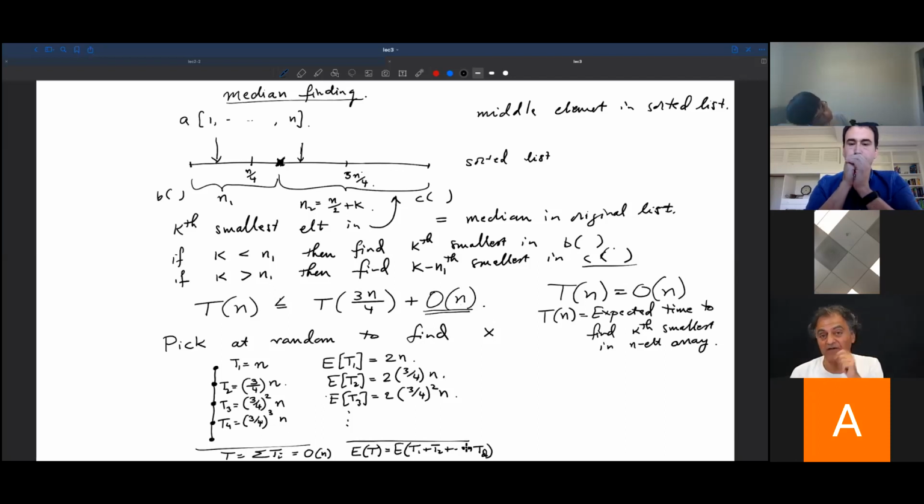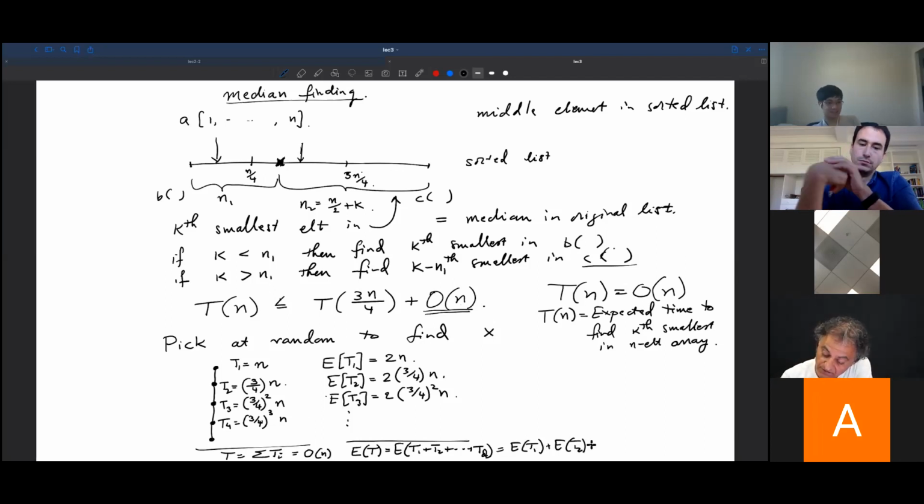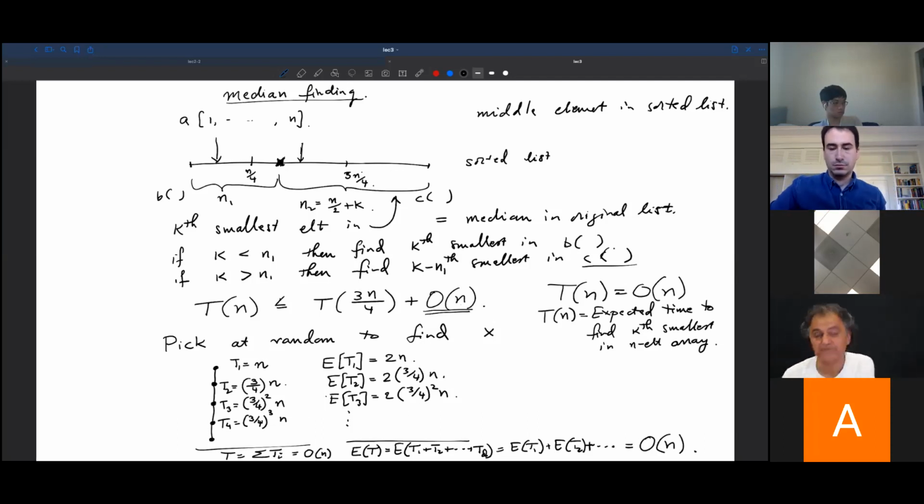Well, the expected value of a sum of random variables is just the sum of the expected values, right? So it's the expected value of T1 plus expected value of T2 plus ... And so that's this geometric series. So that's still order n.